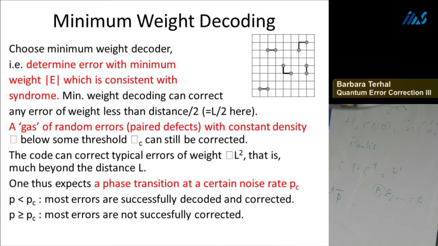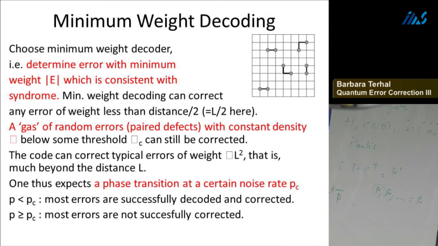I just have to locally pair them up. So I could correct a constant density of errors, as long as that density, called alpha here, is below some critical noise threshold, alpha critical. So the code can correct typical errors of weight alpha times L squared. Of course, if all these errors would line up on a line, I could not necessarily correct it.